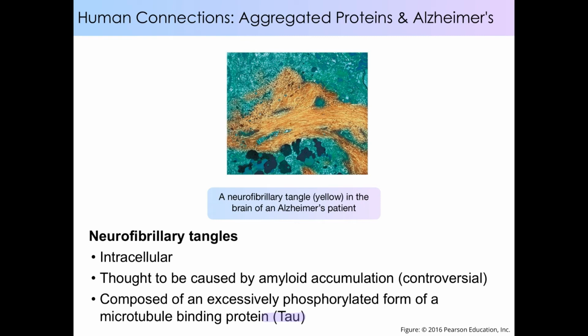Now, the tau proteins are important for the formation of these tracks, but if they become hyperphosphorylated, so if they have a lot of phosphate associated with them, then they form these tangles that you see here, and those tangles are going to prevent the movement of material down the axon. So they're going to interfere with the movement of neurotransmitters, and as a result, they're interfering with cell communication, just like the plaques.